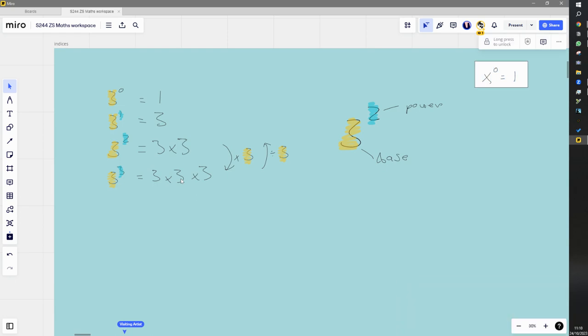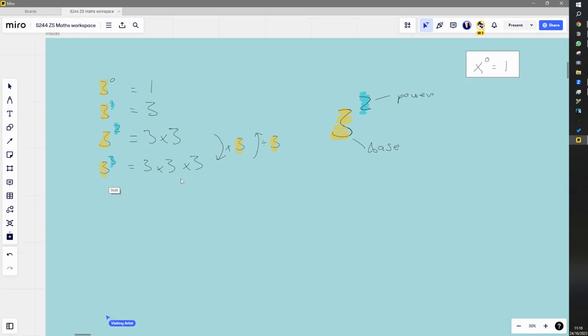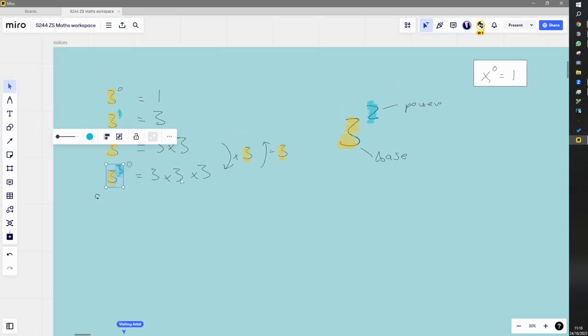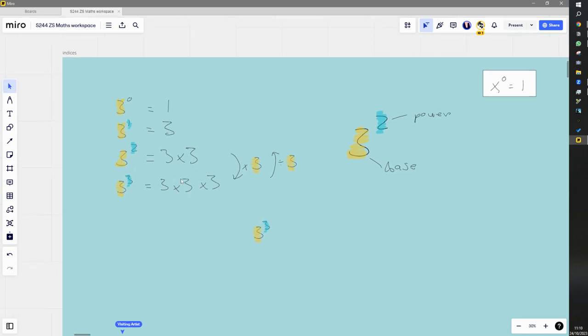Now let's have a look at some of these other ones. What about if I did 3 cubed multiplied by 3 squared? Okay, so 3 cubed multiplied by 3 squared. Well, that's 3 cubed right there. I'm going to unhighlight these bits for the moment because I want to highlight them in a different way.